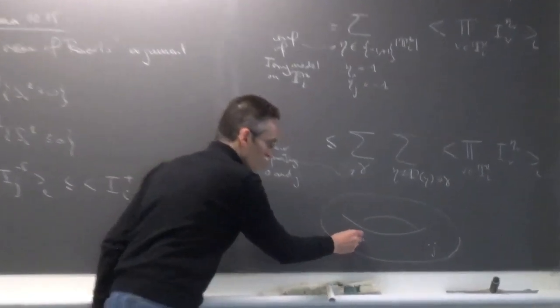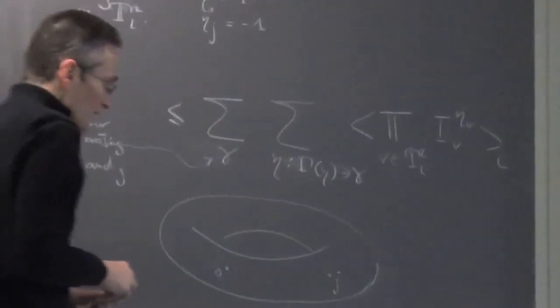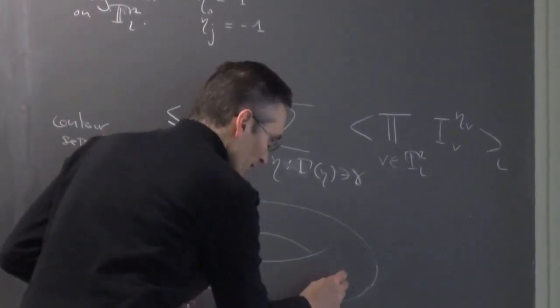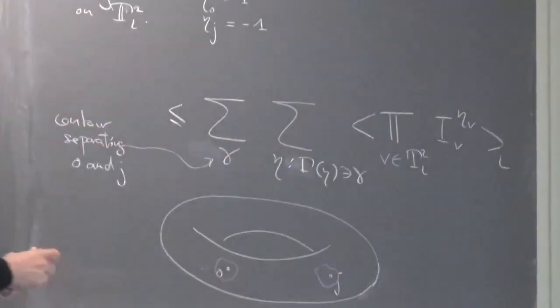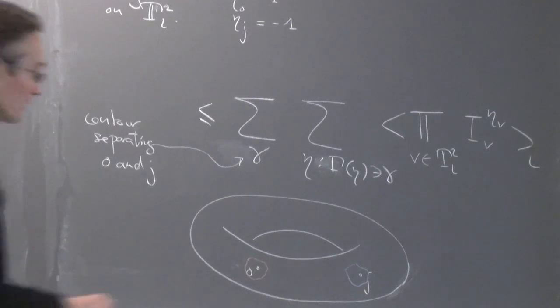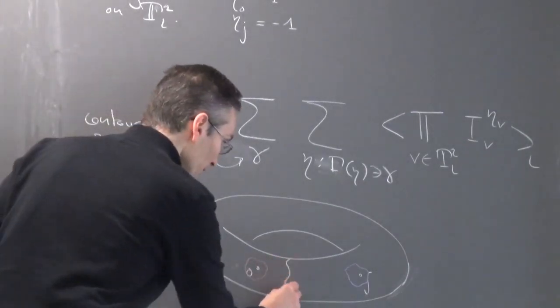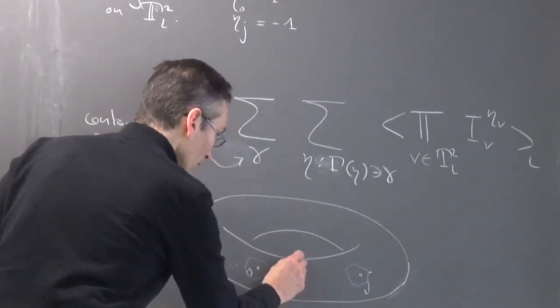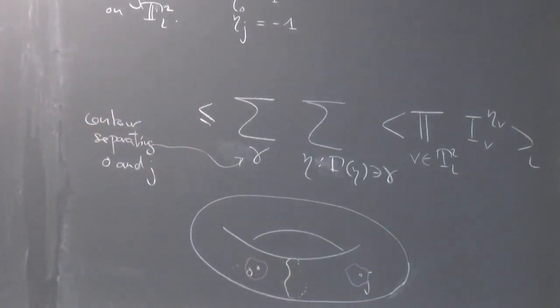Okay, that's a possibility. But I can also have instead a contour surrounding j. That's the second possibility. And the third possibility, which we didn't have on Z2, was that I have a contour winding around the torus. Something like that. Maybe more than once, but okay. These are the 3 possibilities for contours separating 0 and j.